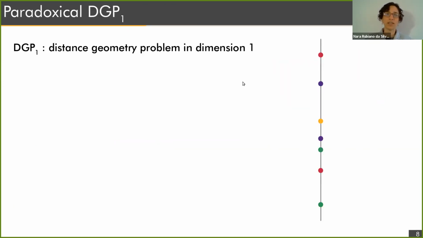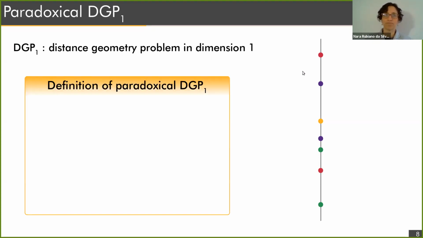We are particularly interested here in a subclass of distance geometry problems, which we call paradoxical DGP ones. This is a subclass even of the problems in one dimension. In these problems in one dimension, the vertices and the edges all lie along a line.